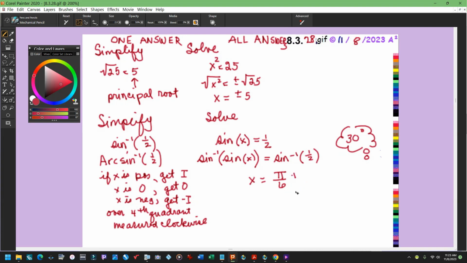Let's just write it this way. You want it in the first quadrant, and you want it in the second quadrant. This is pi over 6. This is 5 pi over 6. But you want them all.